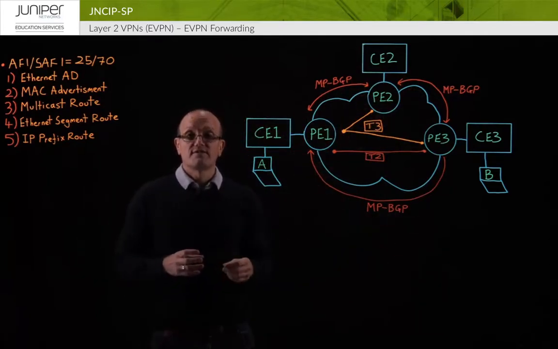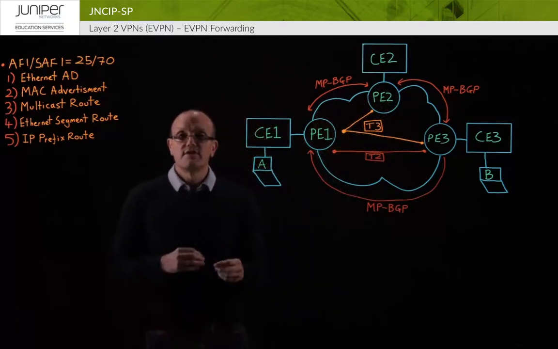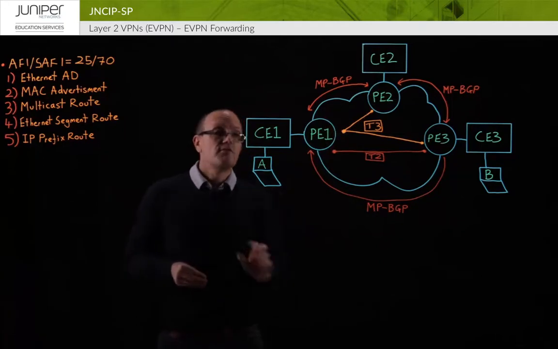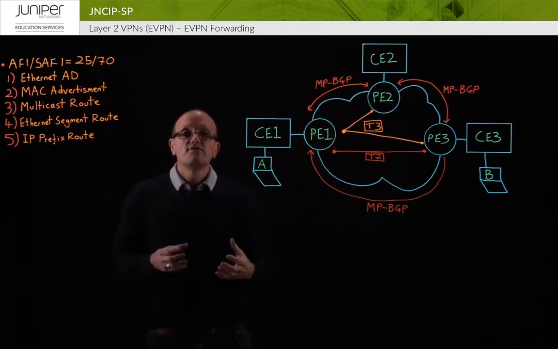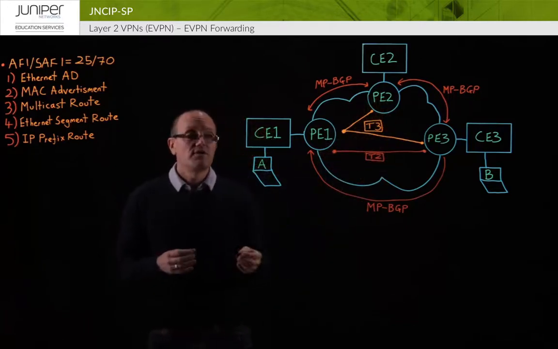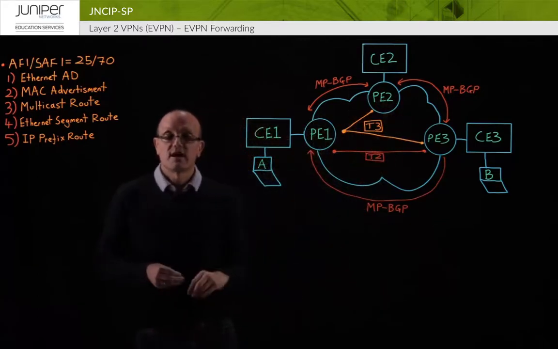On Juniper devices, currently only ingress replication is supported for the distribution of traffic to the multiple different endpoints from the ingress PE. So we've talked about these 2 different route types that we're using to build our unicast and multicast forwarding paths.